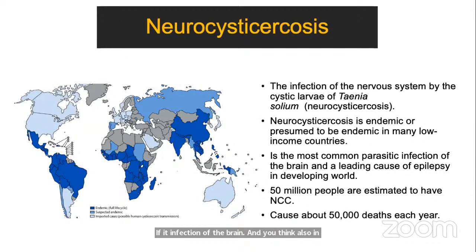15 million people are estimated to have neurocysticercosis, causing about 50,000 deaths each year.